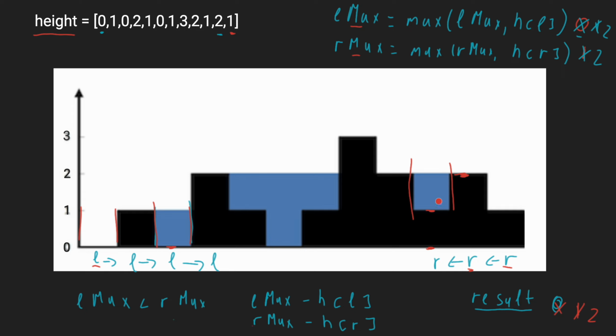This difference gives us 1, so we are updating our value to 2. The same way we are moving our right pointer, until left and right meet at a certain position, and then we return the result, which in this case is 6.